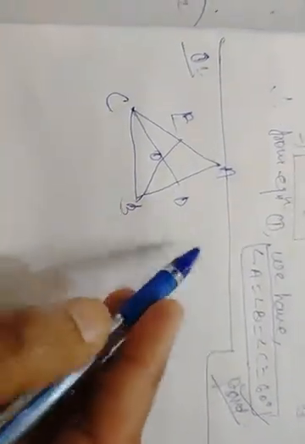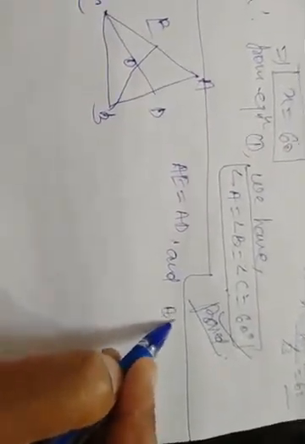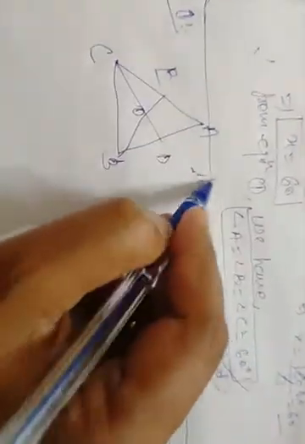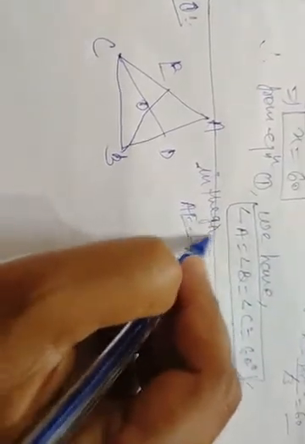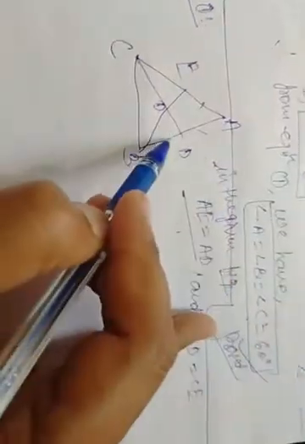In it, it is given that AE is equal to AD and BD is equal to CE.